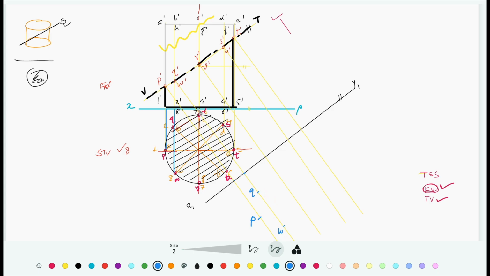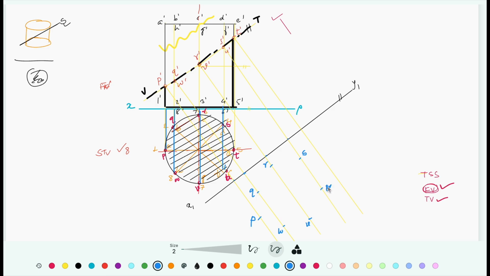Similarly, R and V, so distance from XY, distance from XY, keep compass at X1, Y1, let's say this is R and this one is V. Similarly, distance of S from XY, projector of S, keep compass at X1, Y1, locate the point S. Similarly, to locate the point U, take a distance of U from the XY, keep compass at X1, Y1, mark that point.